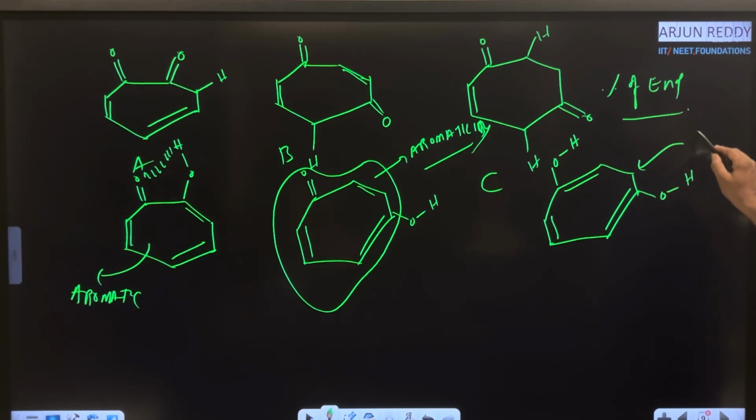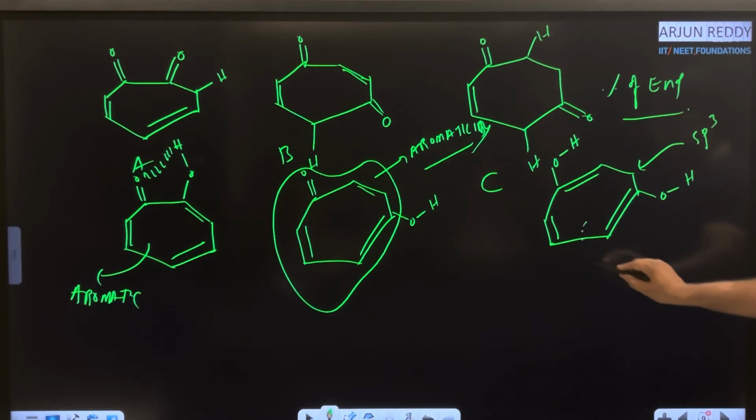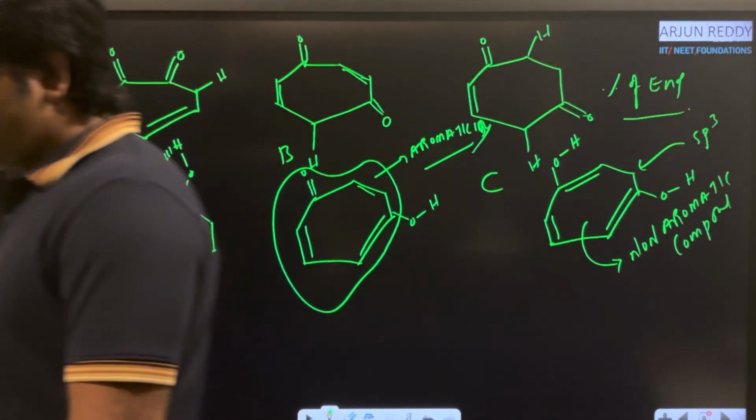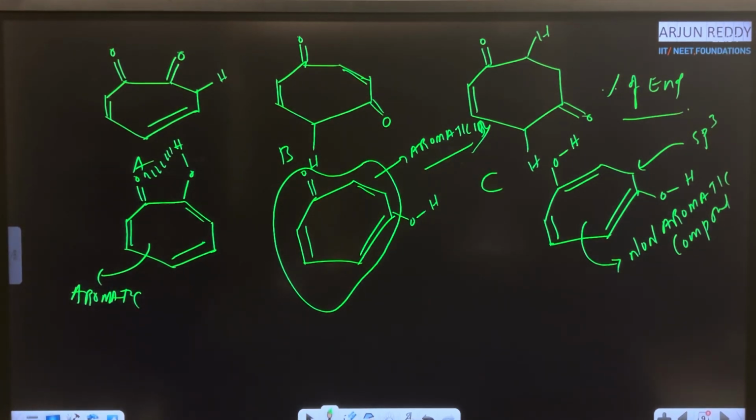And what is the hybridization of this carbon atom? sp3 carbon atom. So according to aromaticity rules, this compound is said to be a non-aromatic compound. So that is the story about the enol forms. Among these three, two are aromatic in nature and one is non-aromatic in nature.